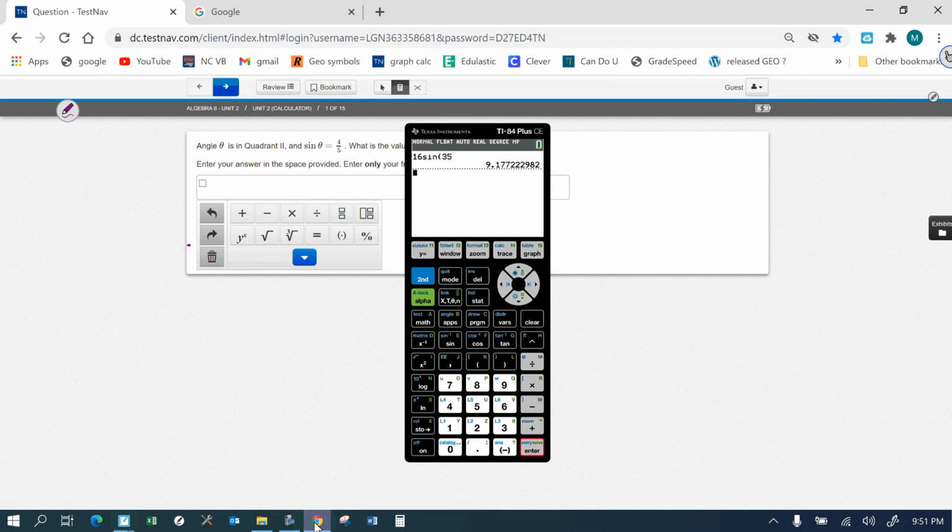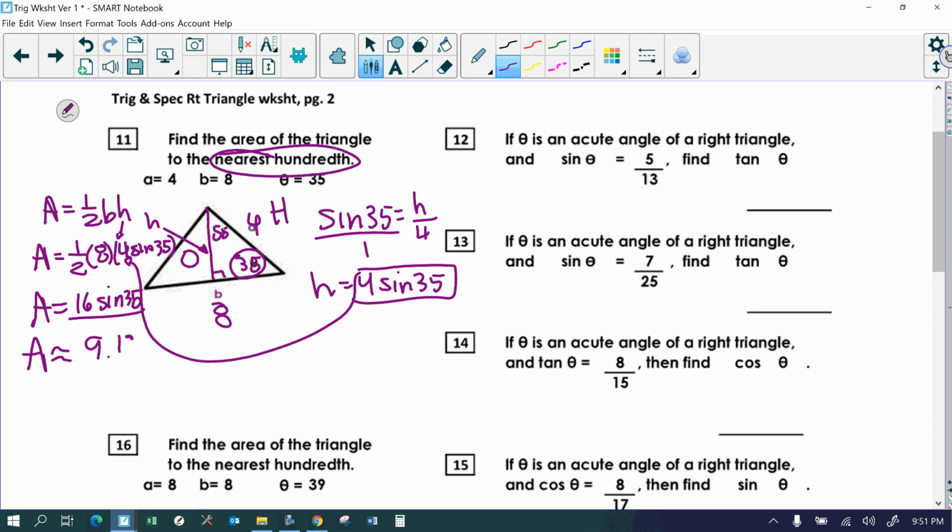Oh, we want the nearest hundredth, so 9.18. 9.18 square units. We don't know what the units are, so you use squared. Remember, area is always squared. Okay, so there's number 11.